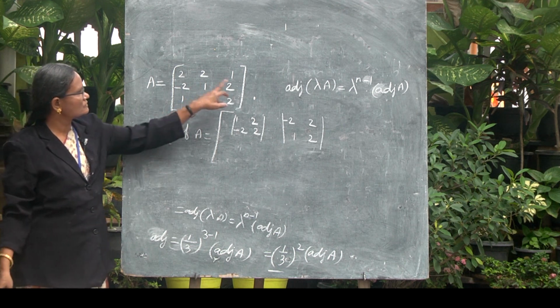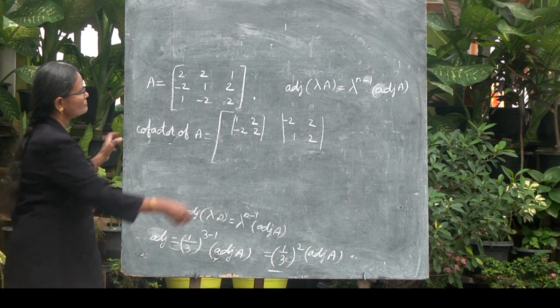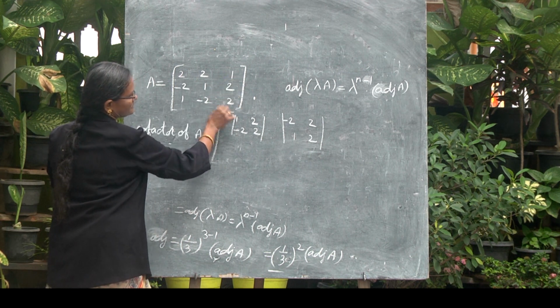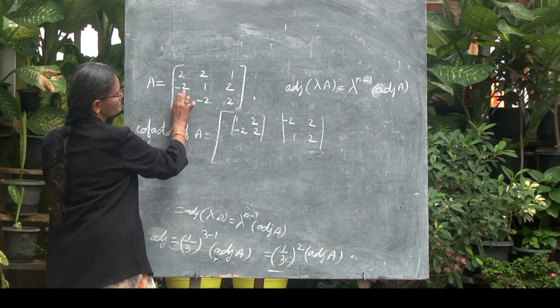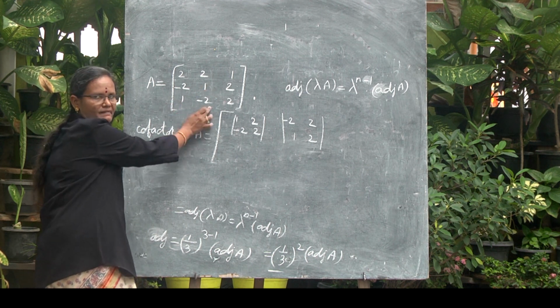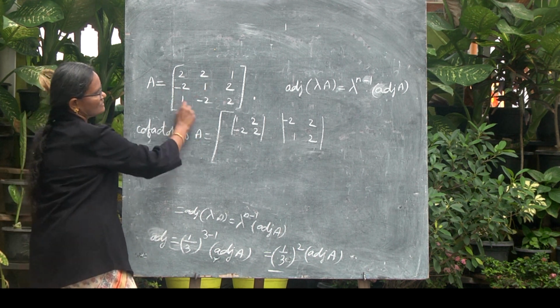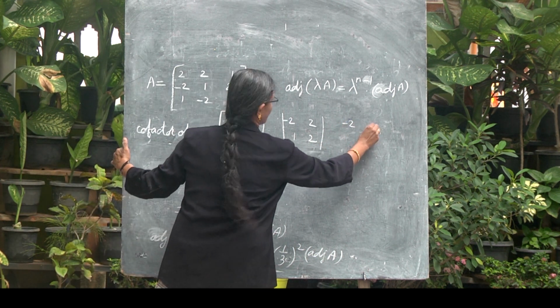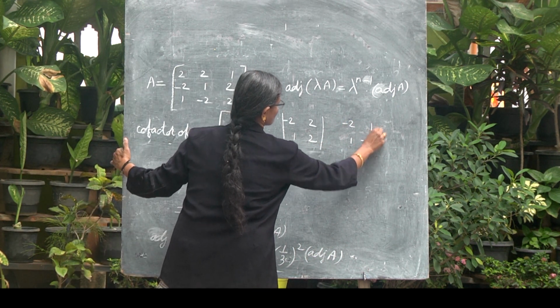In the first row, the third element is 1. Ignore that first row and third column. What are the remaining elements? Minus 2, 1, 1, minus 2. These elements are the minor of 1.